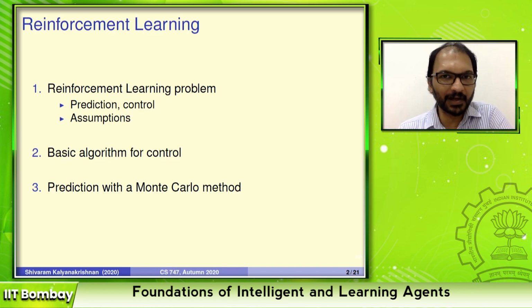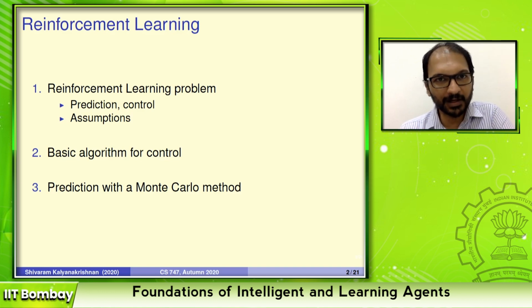As a part of this lecture, we will consider an algorithm that actually solves the reinforcement learning problem. It's very simple, direct. It's like the first thing that would come to most people's minds. So we will present that algorithm, and thereafter, we will become a little bit more realistic, trying to devise algorithms that are more efficient, that have more of an intuitive basis, and we will do that in this lecture in the context of prediction, which is one of the problems.